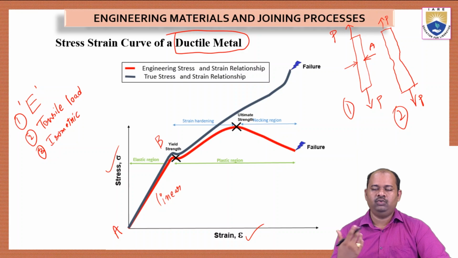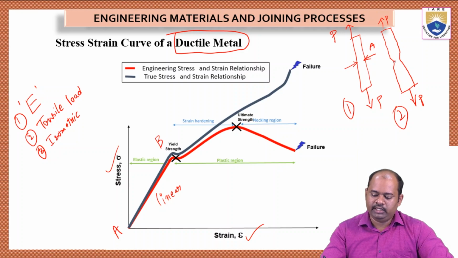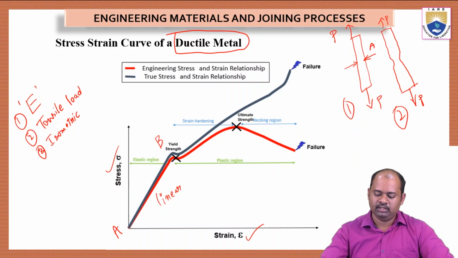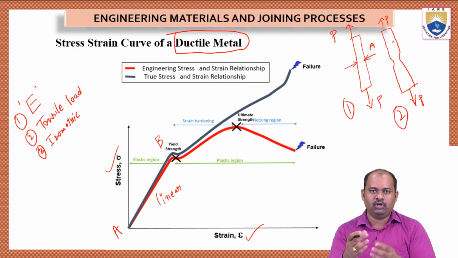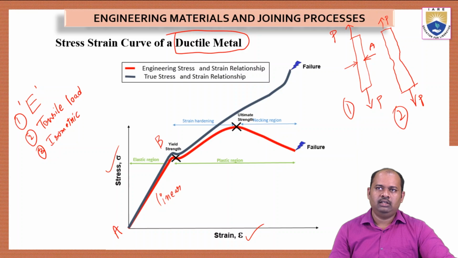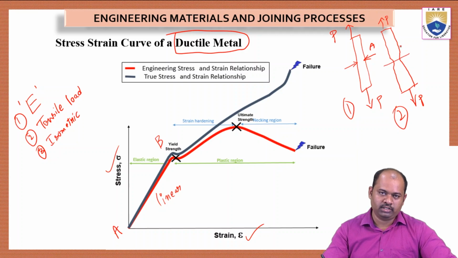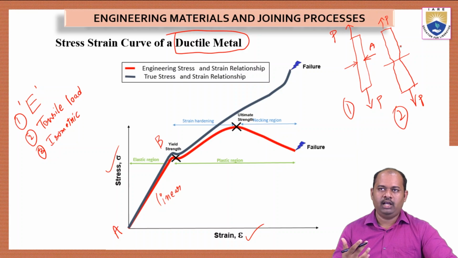Now when I apply more and more load on the body, what happens? The cross section at some point on the surface will try to reduce, because I am elongating in this direction.